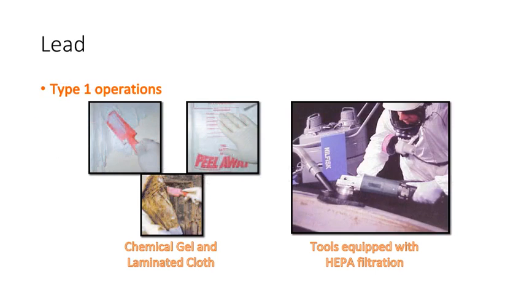In the lead regulations, Type 1 operations include application of lead-containing coatings with a brush or roller, removal of lead-containing coatings with a chemical gel or paste and fibrous laminated cloth wrap, removal of lead-containing coatings or materials using a power tool that has an effective dust collection system equipped with a HEPA filter, installation or removal of lead-containing sheet metal, installation or removal of lead-containing packing, babbitt or similar material, removal of lead-containing coatings or materials using non-powered hand tools, other than manual scraping or sanding.